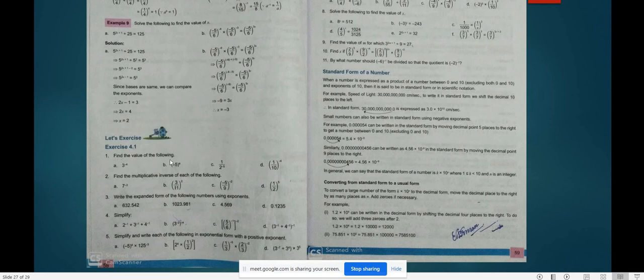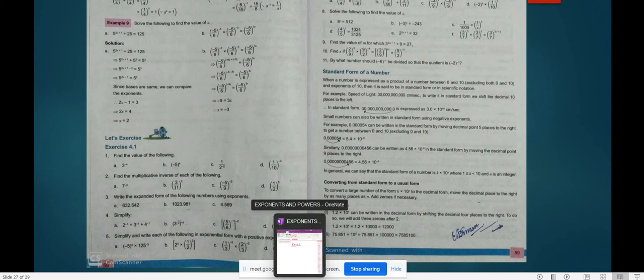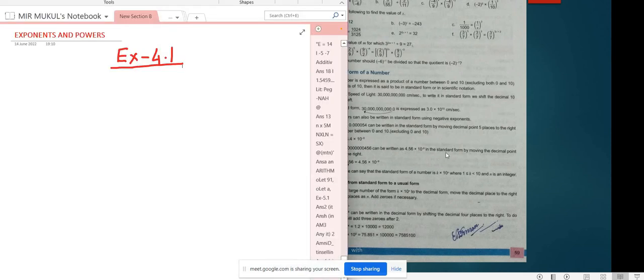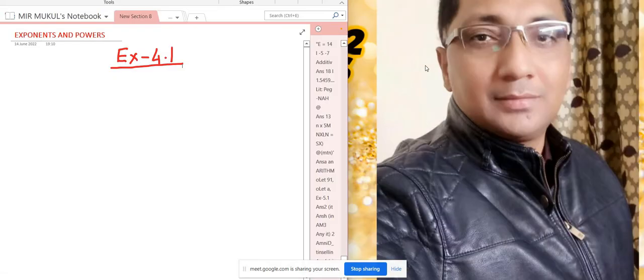Find the value of the following: 3 to the power minus 4. This is the first question. One by one we'll solve the questions.